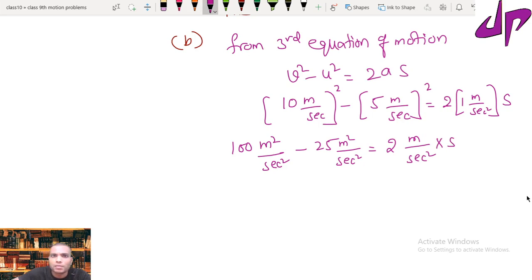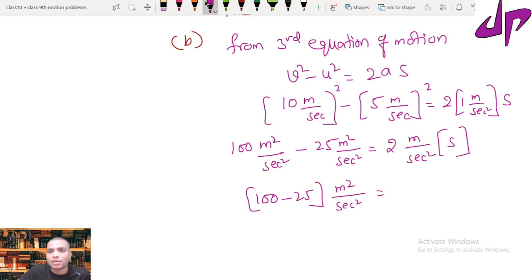The s value is already present there. If you don't like to write multiplication, I like to put brackets. Now I will take it out common. 100 minus 25 of meter square per second square equal to 2 times meter per second square times s.